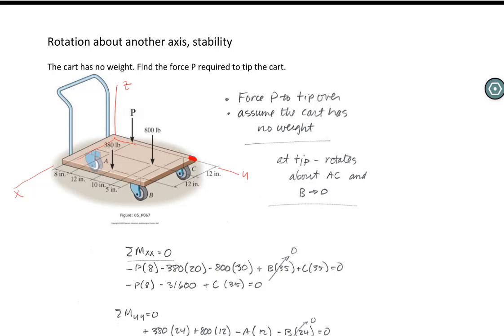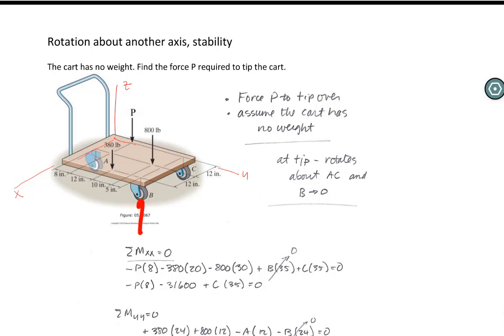Let's look at it through the y-axis. I got 800. Well, actually P goes through that axis, so there's a 0 lever arm there. Then I'll have the 380, I beg your pardon, the 800 times the 12 inches, then I got 380 times the full 24 inches. Those are both going in that direction.